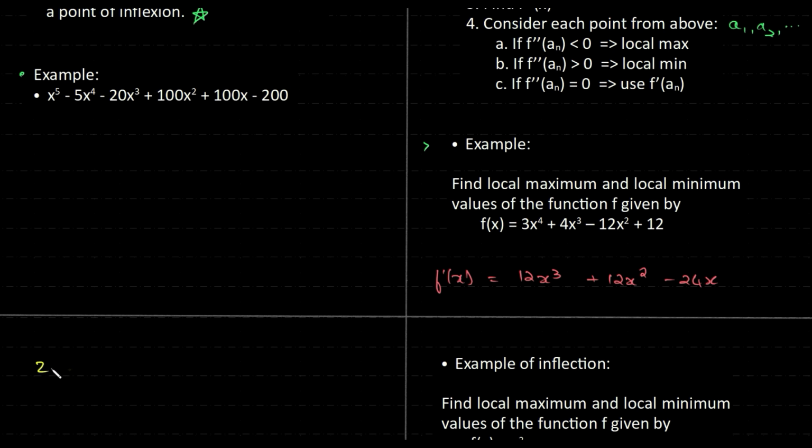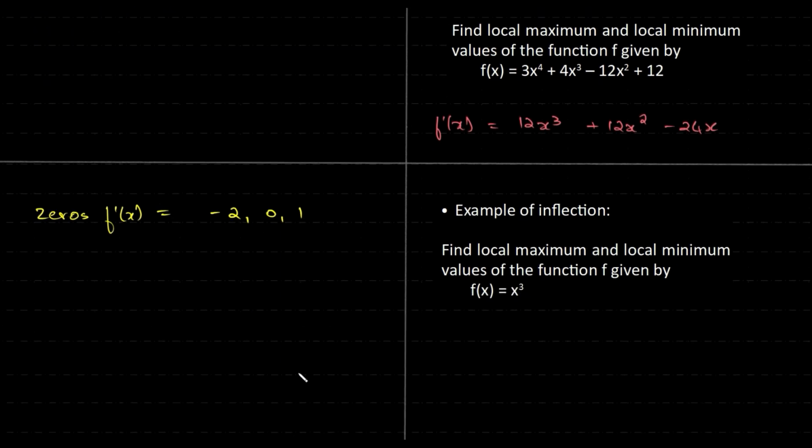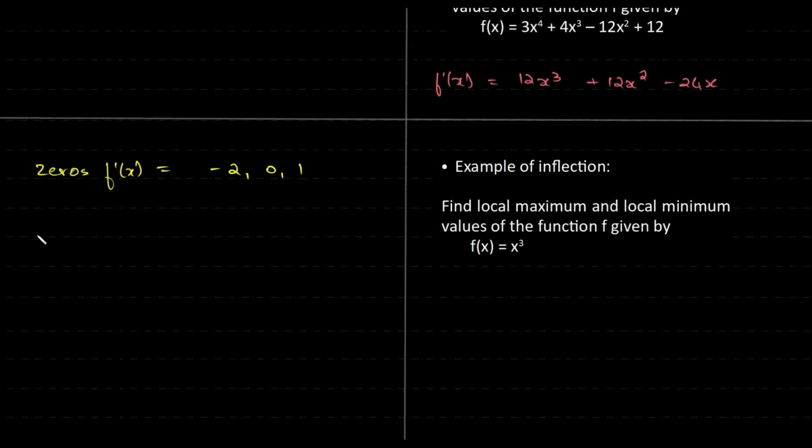I'm going to directly write the zeros of f prime of x. We have already done this before, so I'm not going to redo this again. They are -2, 0 and 1.